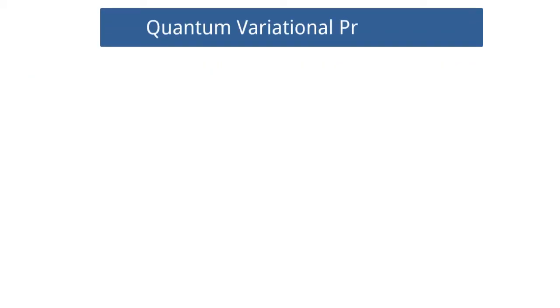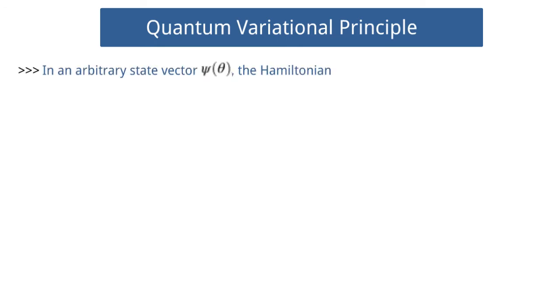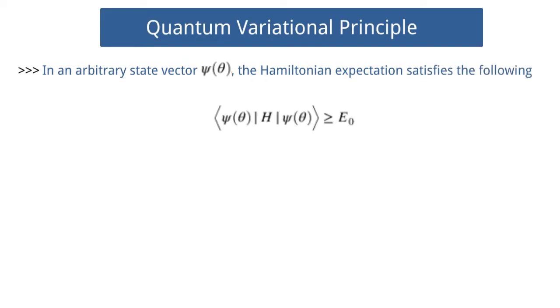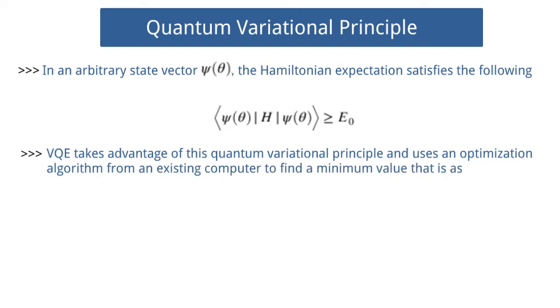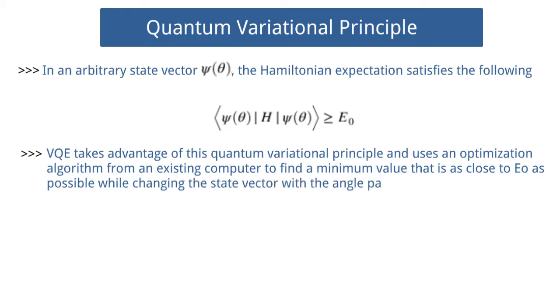Quantum Variational Principle. For an arbitrary state vector psi(theta), the Hamiltonian expectation satisfies the following. VQE takes advantage of this quantum variational principle, and uses an optimization algorithm from an existing computer to find a minimum value that is as close to E0 as possible while changing the state vector with the angle parameter theta.